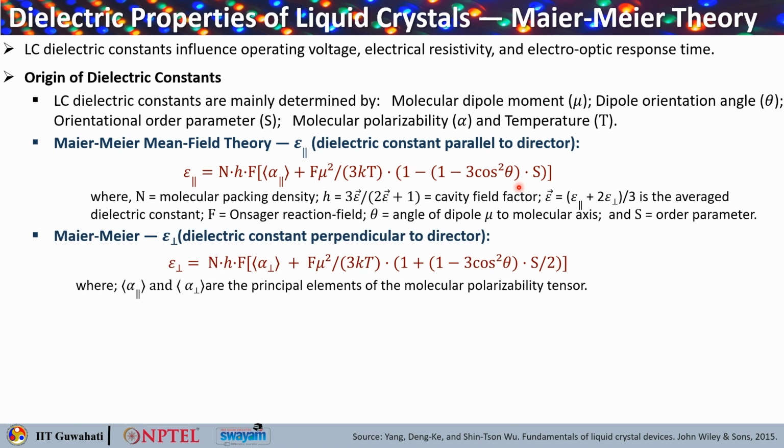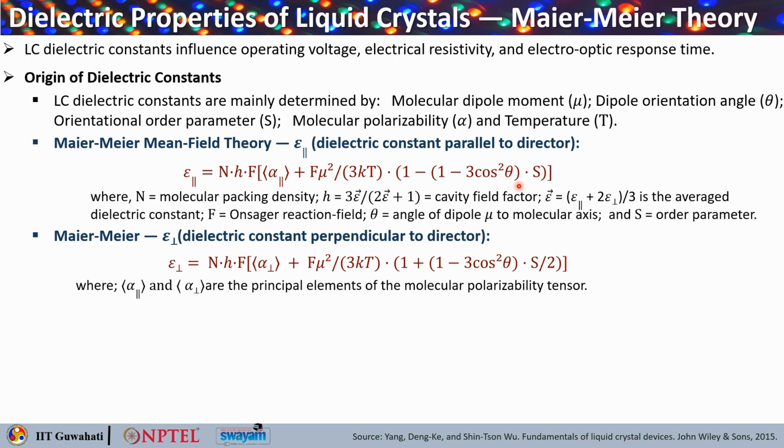All these things come from the physical picture, where you can consider a rod-shaped liquid crystal molecule with a dielectric moment mu at an angle theta to the long axis. When the electric field is applied along the director, that is for the epsilon parallel measurement, the permanent dipole wants to align with the electric field, but the thermal energy will resist.